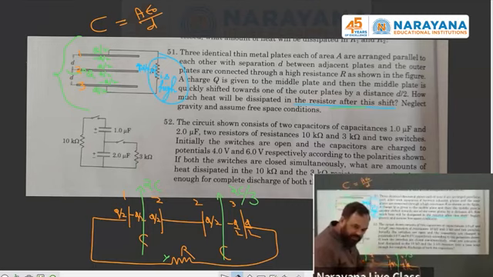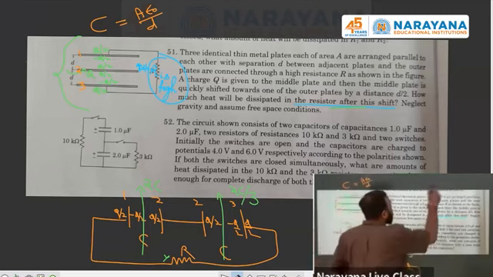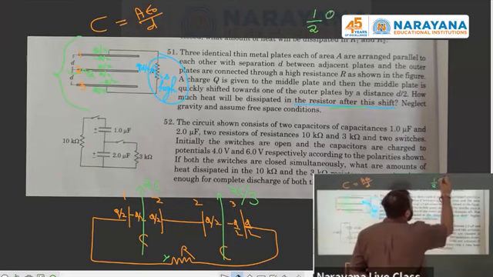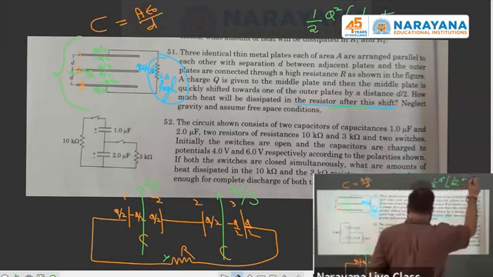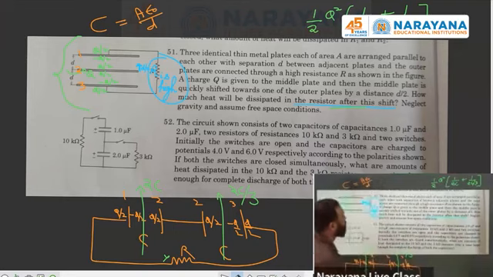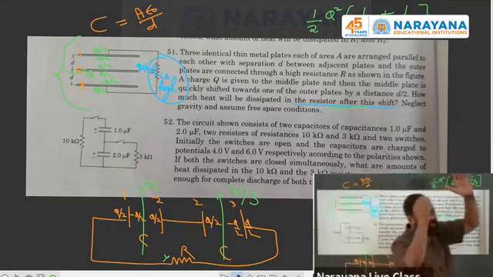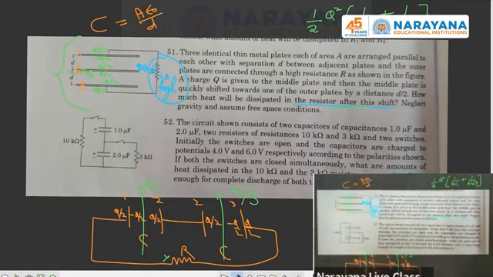The new state which has been acquired is known to us. And in that state, the energy now is half of Q square into a factor of 1 upon 2C plus a factor of 1 upon 2C by 3. Yep. Whatever work you have done from outside, the value of that work will depend on this. In practical life there will be some loss that will take place, but in this problem we are assuming that the sheets are infinite. We are not taking any redistribution of charge.